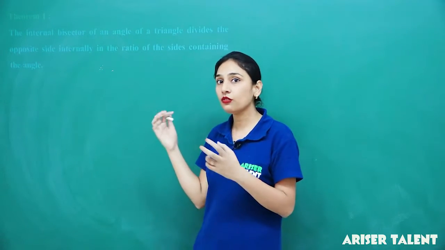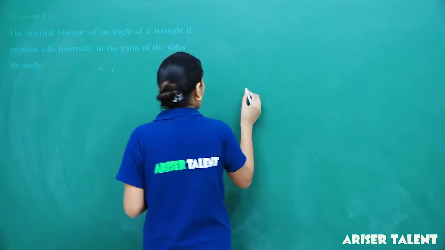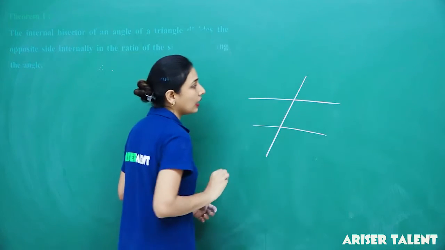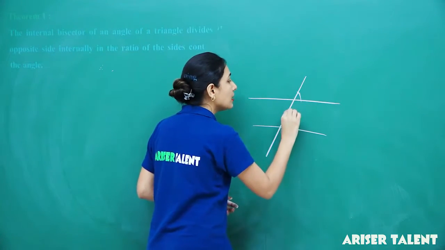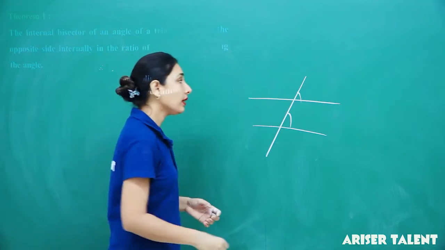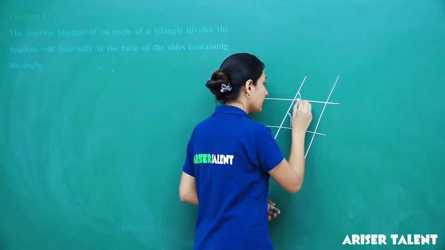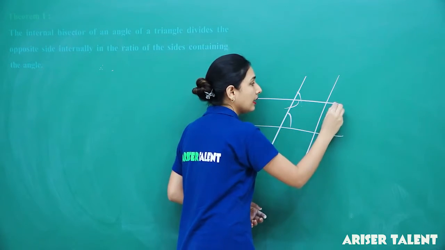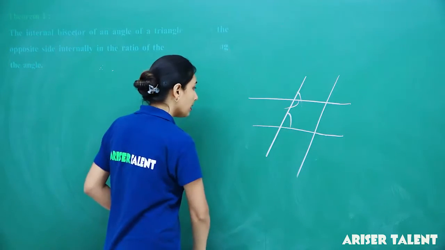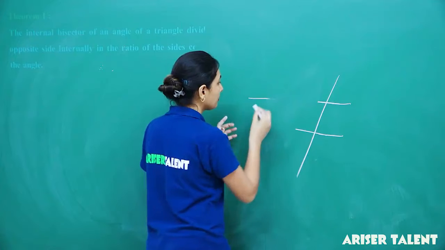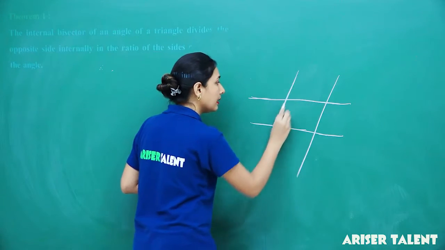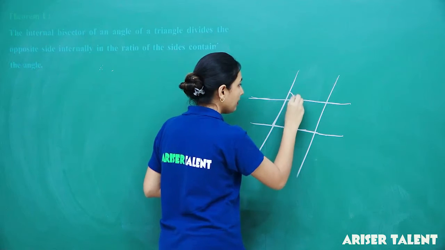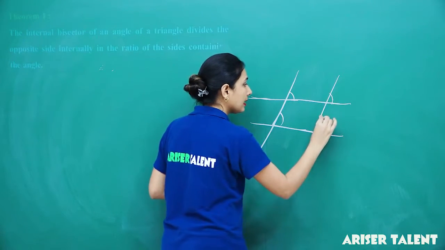So in triangles, what you do is you combine concepts, because in the last question this concept was applied. And you know that when you have a line intersecting two parallel lines, you have this angle equal to this angle, this angle equal to this angle.